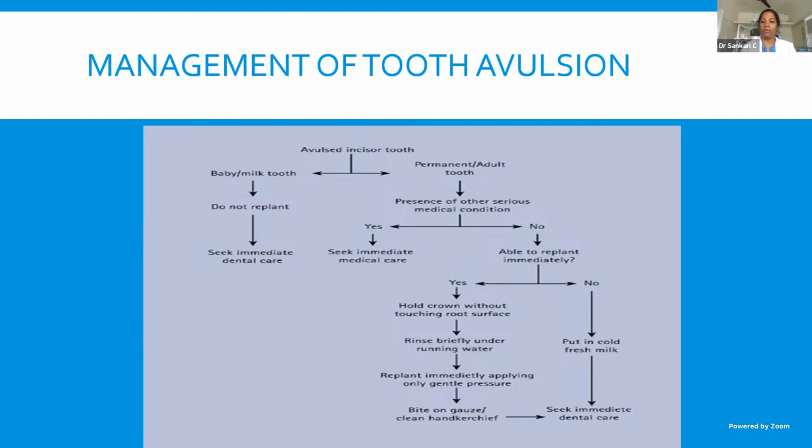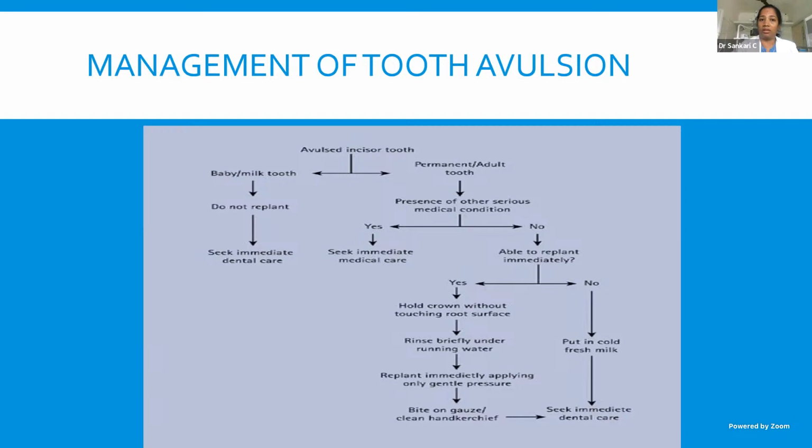Hold the crown without touching the tooth surface like this. Always hold the crown surface, not the root surface of the tooth. And do not rinse it too much under running water. Just rinse it gently and reimplant the tooth with gentle pressure.